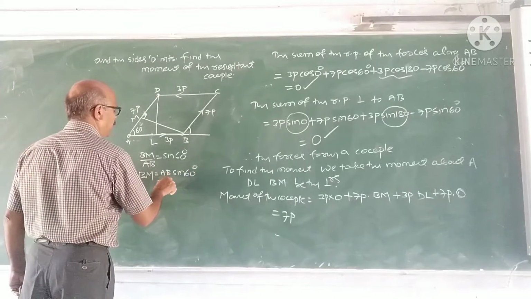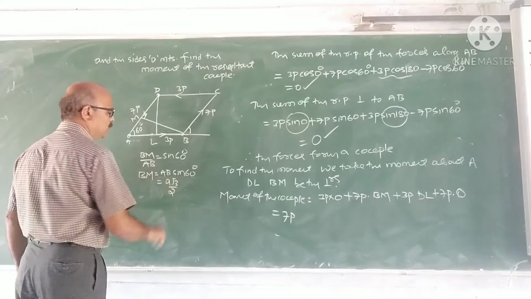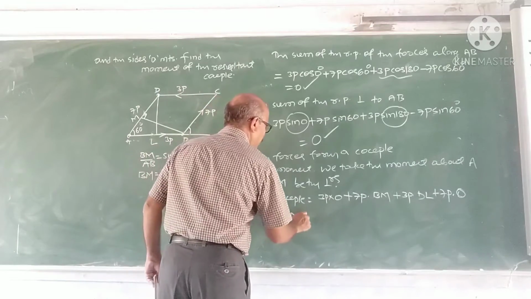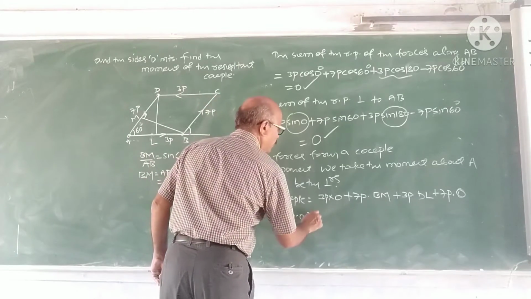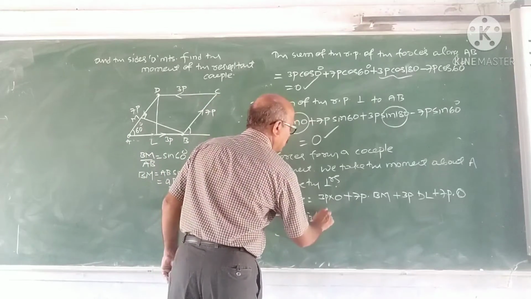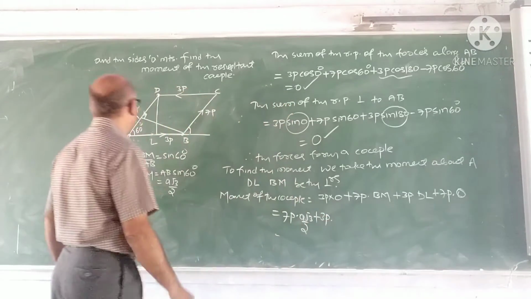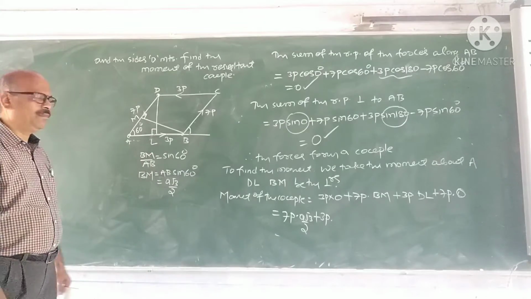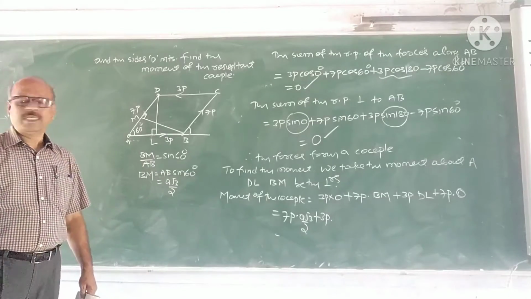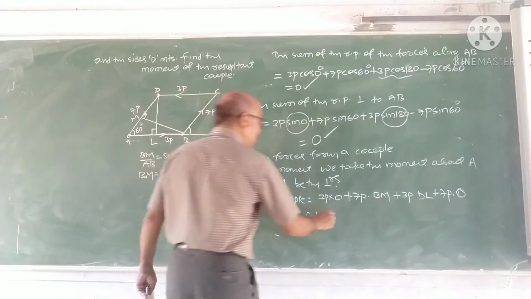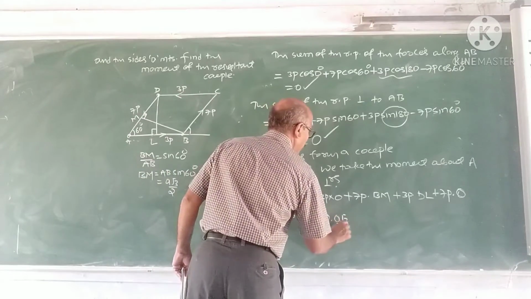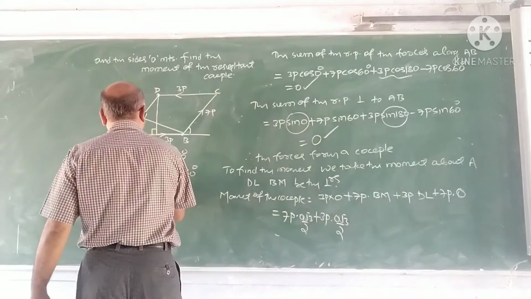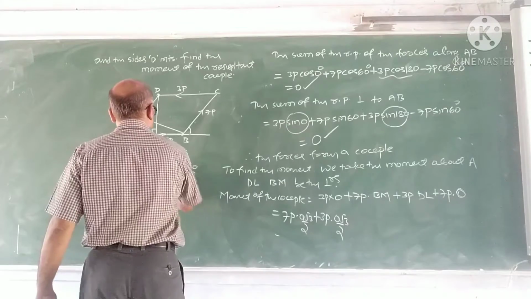AB is small a, root 3 by 2. 7P a root 3 by 2, plus 3P. What is DL? DL is also the same. It is also a into root 3 by 2.